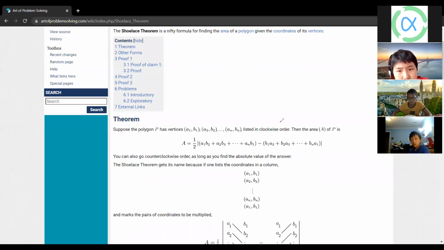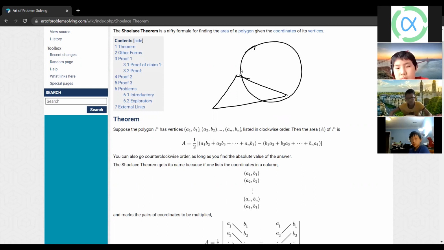For example, let's say I have a triangle that looks like this, and then maybe for some reason there's a circle right here. Something like this, and you want to find the area of this thing.